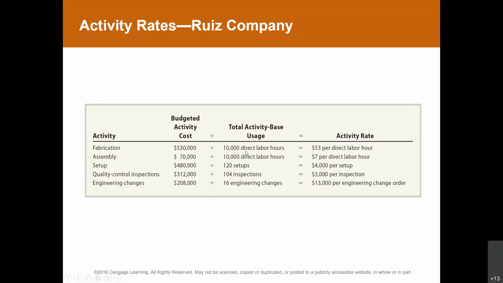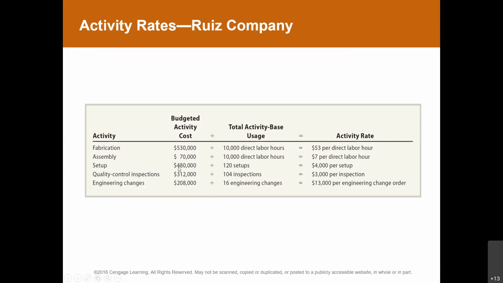There's 10,000 labor hours involved here. That gets us to $53 per direct labor hour for fabrication. For assembly, we allocated $70,000. It's going to take 10,000 labor hours for assembly total. That gives us $7 per direct labor hour.